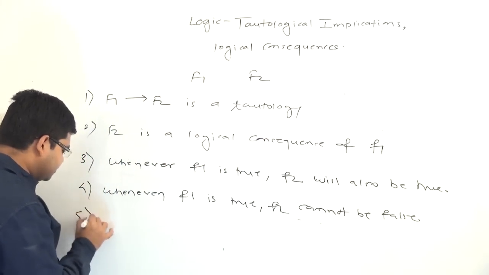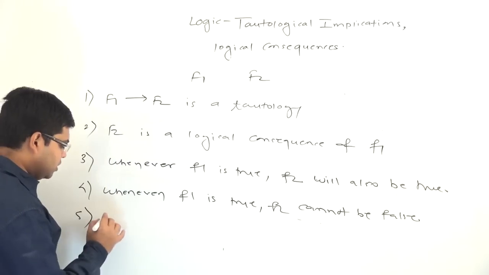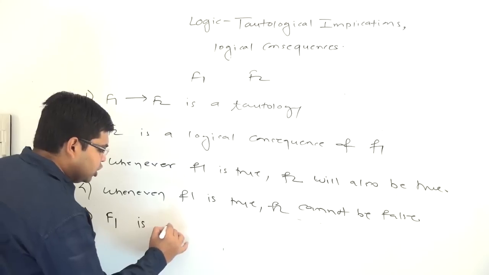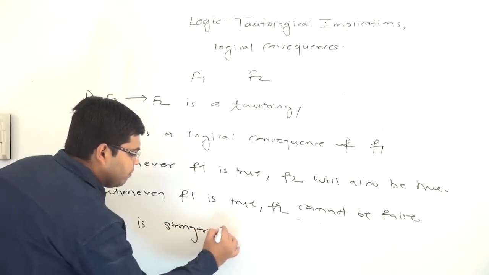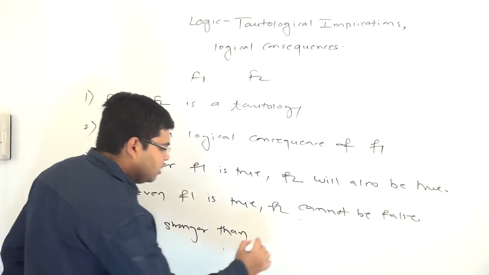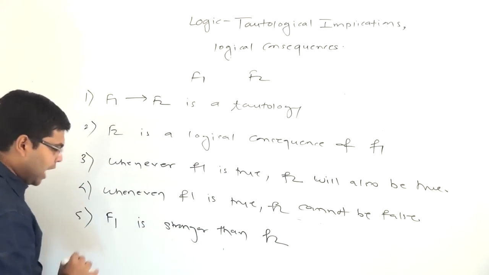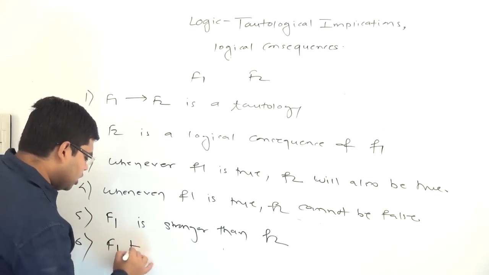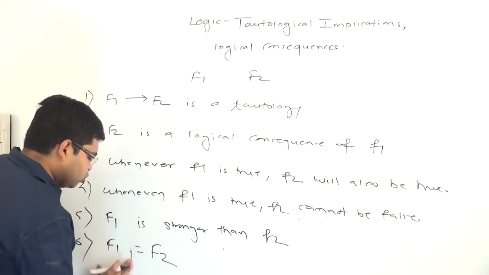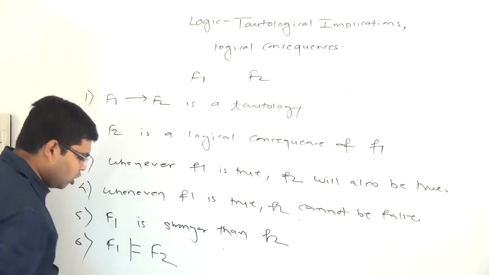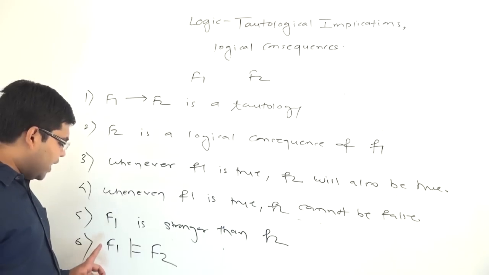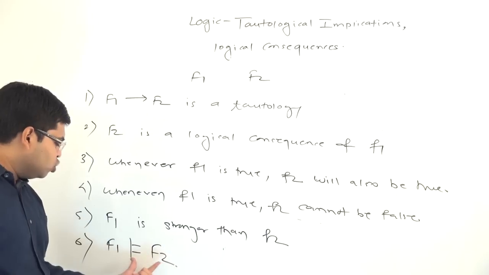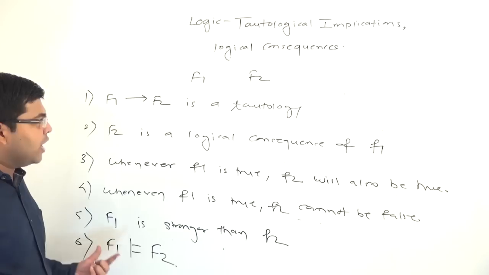Number 5, F1 is stronger than F2, and last one, number 6, F1 logically concludes F2. See, this is the symbol for logical consequence. You can read it as F1 concludes F2, or you can say F2 is a logical consequence of F1.